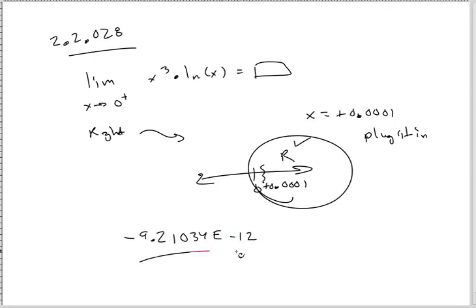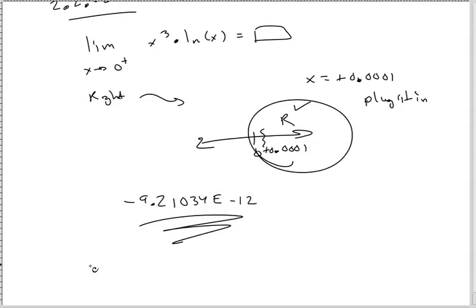If you ever see this E negative 12 on a calculator, what they're trying to say is that you have 11 zeros before you get any significant digits. 1, 2, 3, 4, 5, 6, 7, 8, 9, 10, 11. And then you have the 921034.